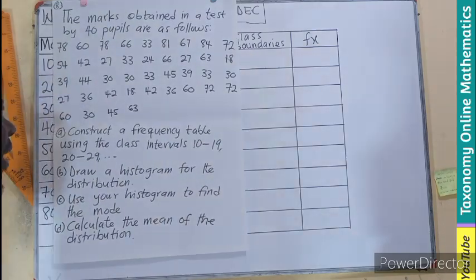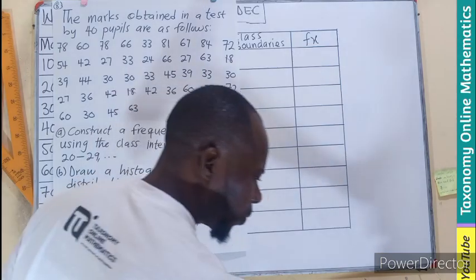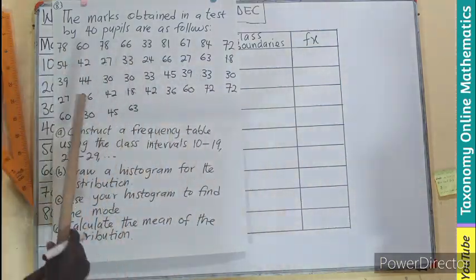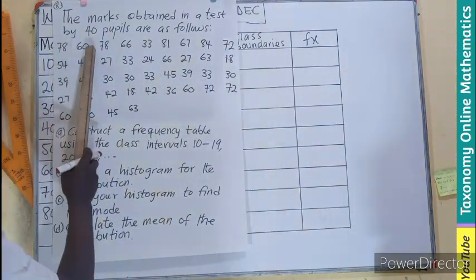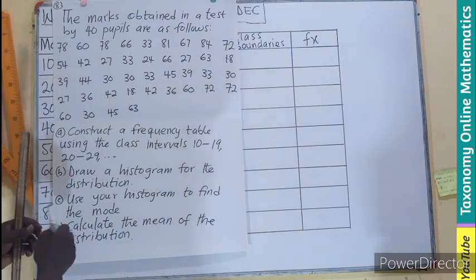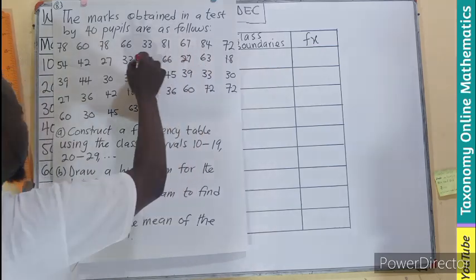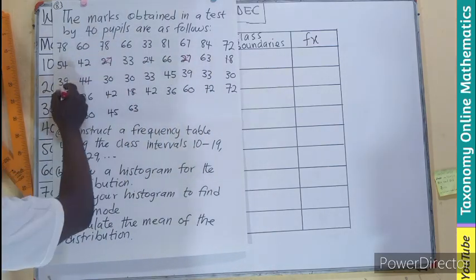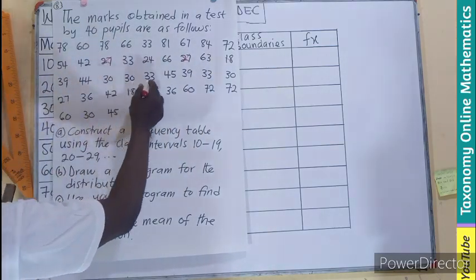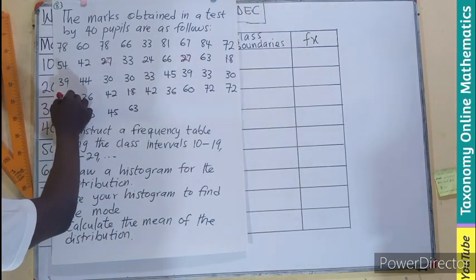So we need to find another, which will be from 20 to 29 in the column. 20 to 29, 20 to 29. We have 1, 2, 3.